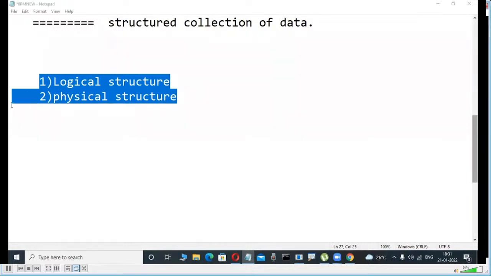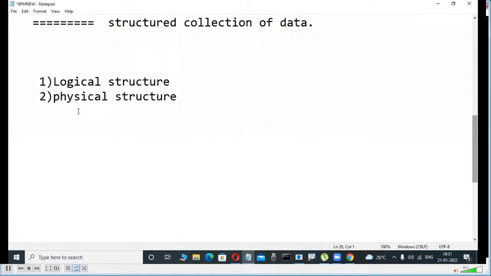Suppose you are a Java, Python, or Oracle, otherwise I am a PLSQL developer. We are all basic level programmers. In Oracle or SQL or MySQL, in which structure are we all working? Very good. Logical structure. Very good. Some fellows are telling logical structure only. Yes, what is that logical structure?